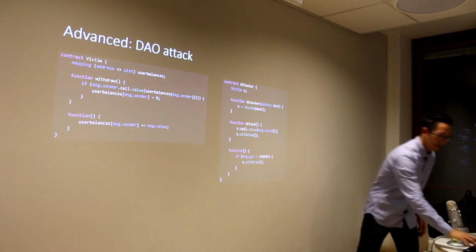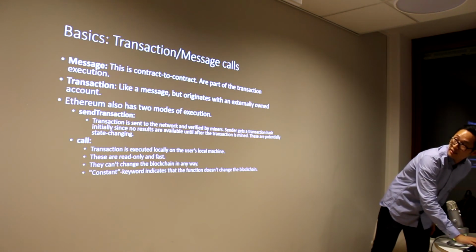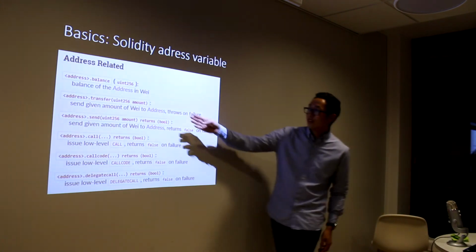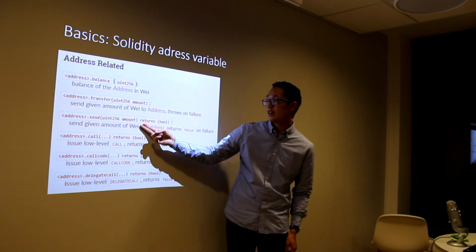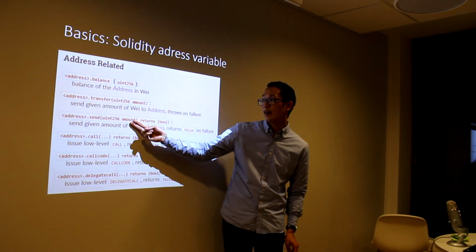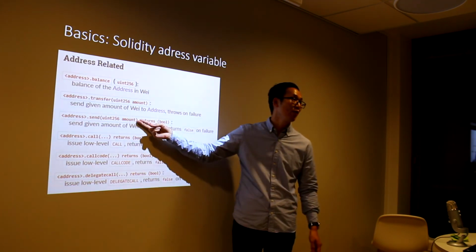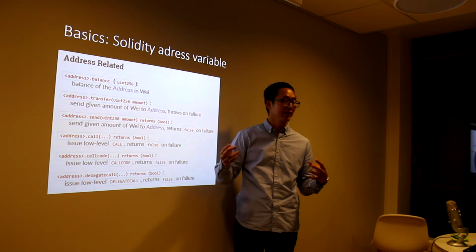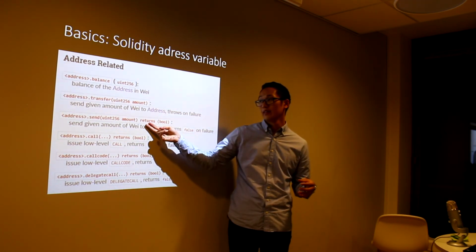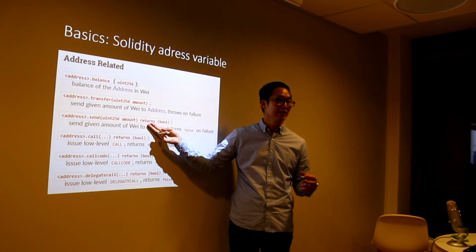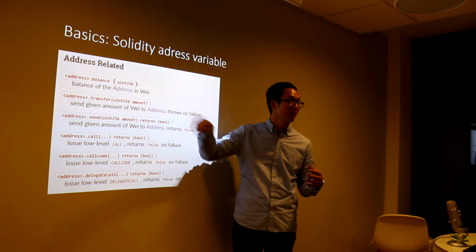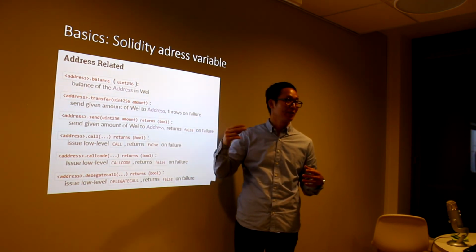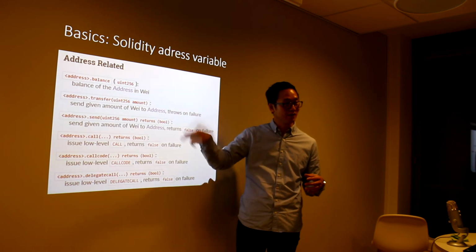Yeah, you can use those two, because send has a default gas amount. I think it is 21,000, so it can't do a loop. It's only 21,000 gas, so you can't loop it all the time.